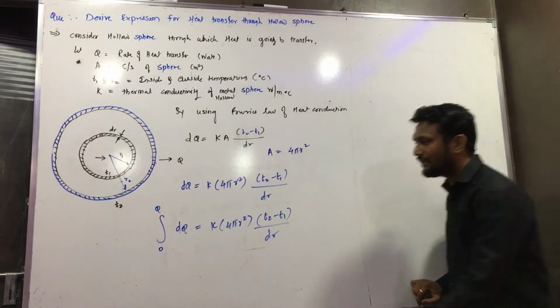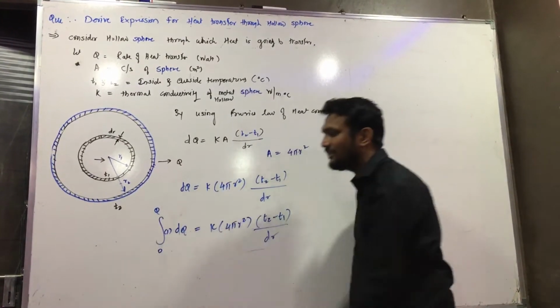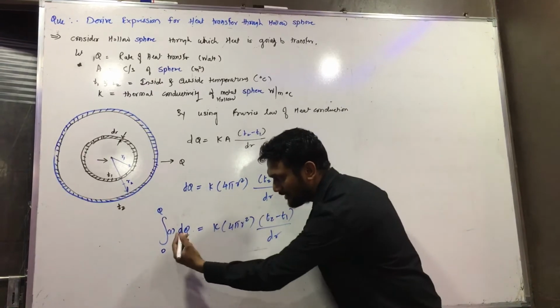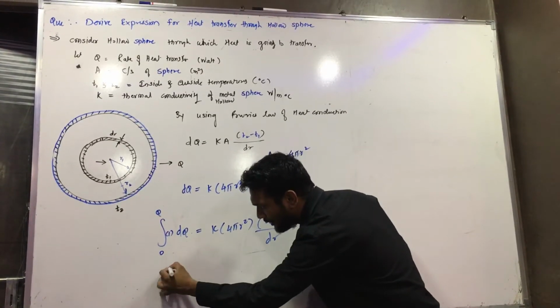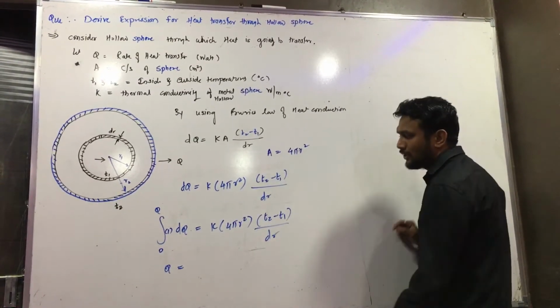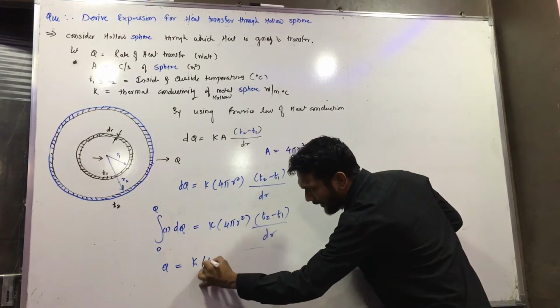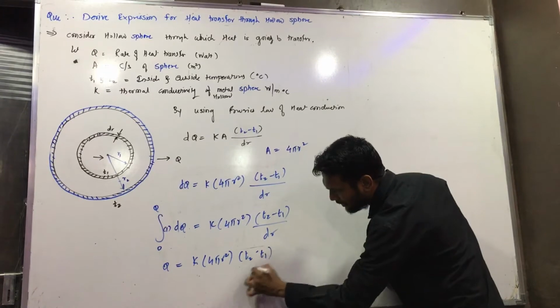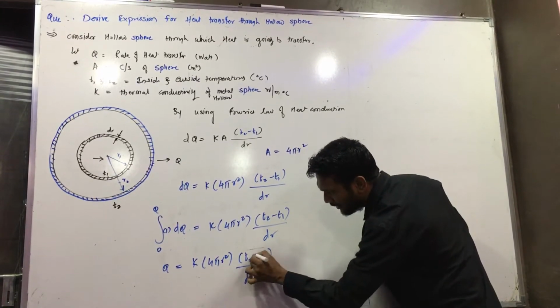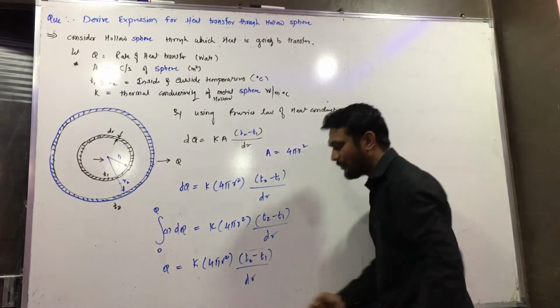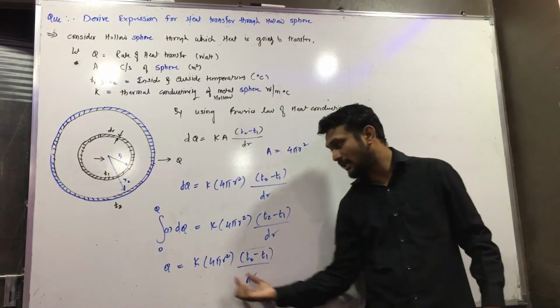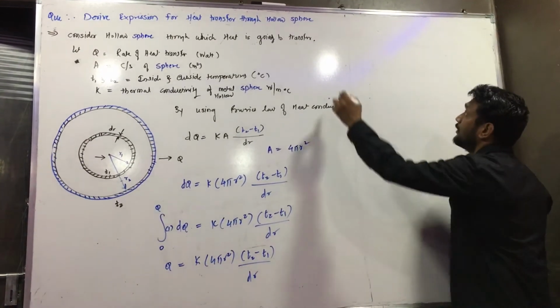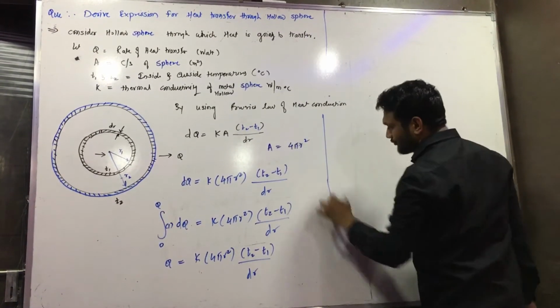Now what is the integration of 1? As we saw earlier, it is the same here. The integration of 1 gives Q equal to k (4 pi r square) (T2 minus T1) divided by dr. Again the changing variable is dr, so dr should be transferred to the other side to integrate it.